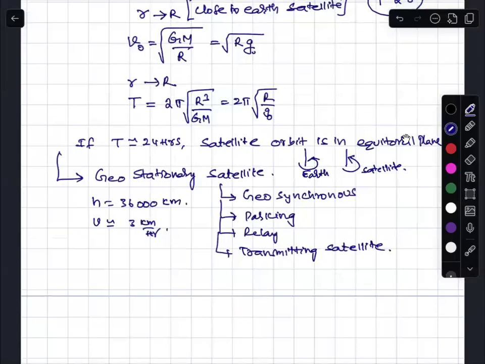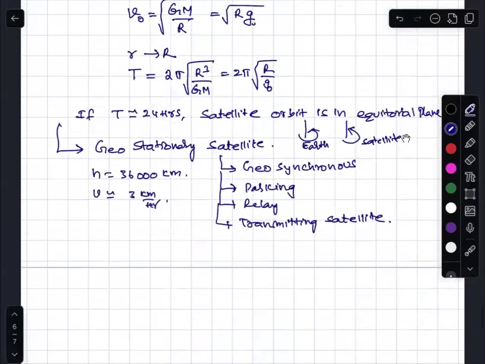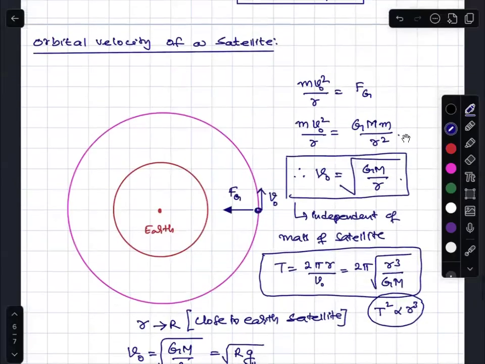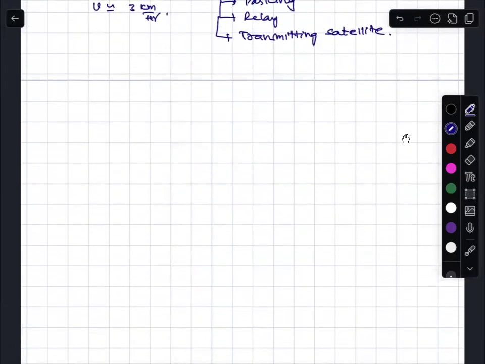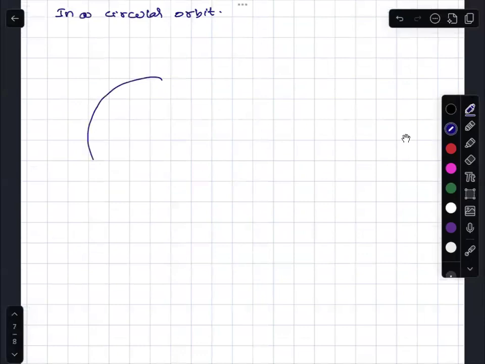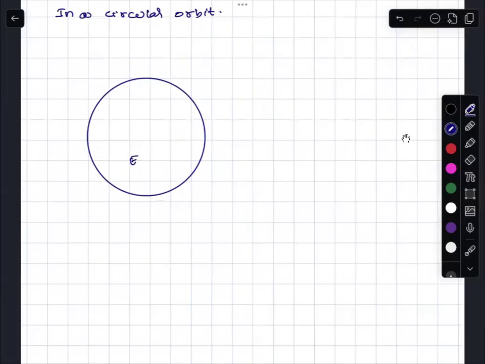That's all. So this is about geostationary satellite. Now the issue is, this is all fine, it's a very simple theory, orbital velocity, and one more important point. If a satellite is in a circular orbit around Earth.